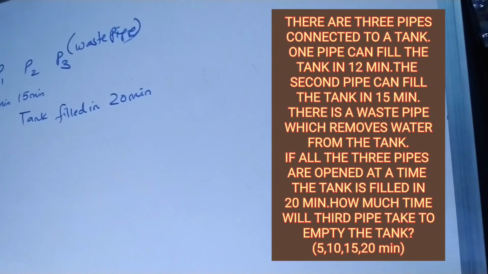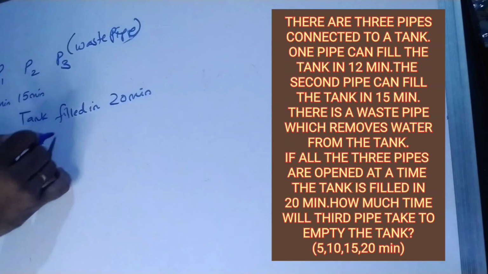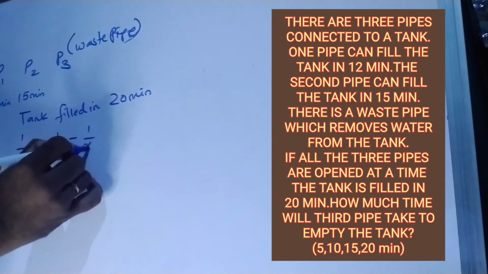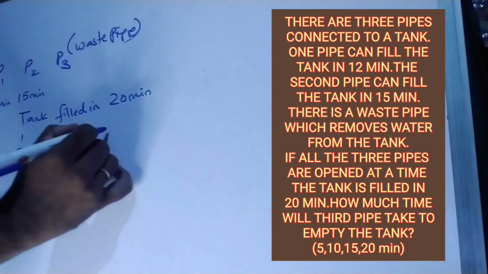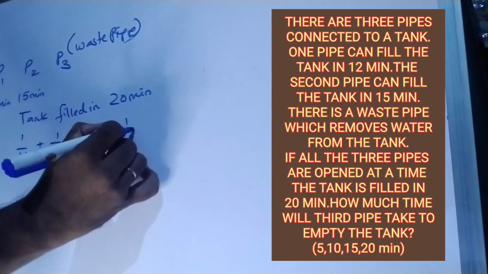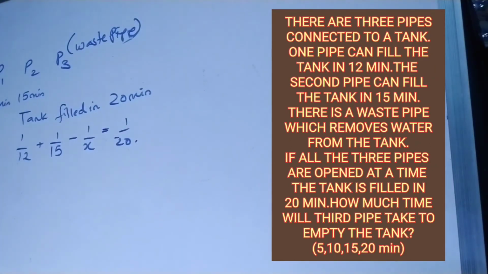If the tank is full of water, how long will it take for the waste pipe to remove all the water from the tank? Pipe 1 will do the work in 12 minutes, pipe 2 in 15 minutes, and pipe 3 removes the water in X minutes. Totally the tank is filled in 20 minutes. So we want X here.